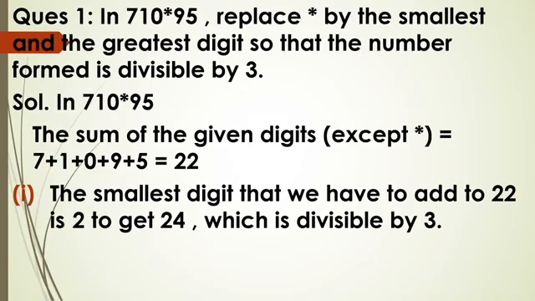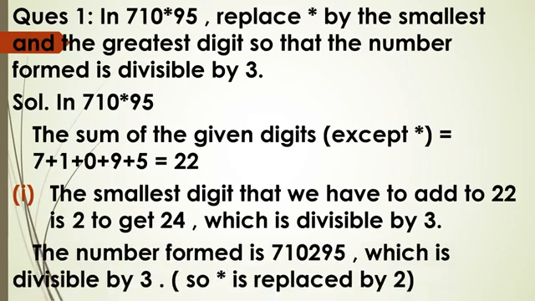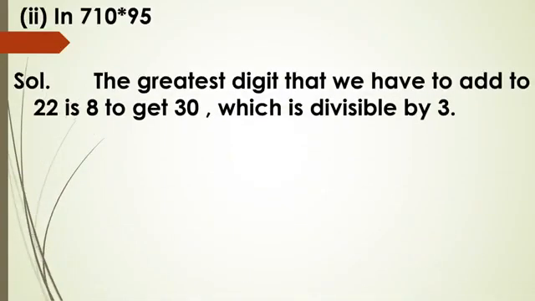Now we will find out the greatest number. Again, our sum is 22 only. Greatest digit, you know, from 0 to 9 all are the digits. So if the greatest digit is 9, if we add 9 to 22, we get 31. 31 is not divisible by 3.